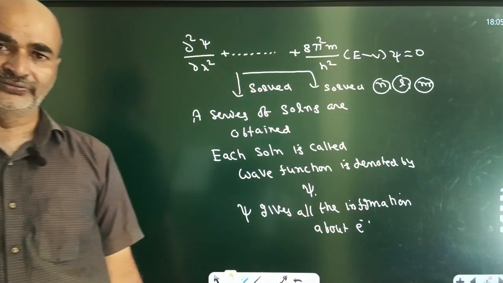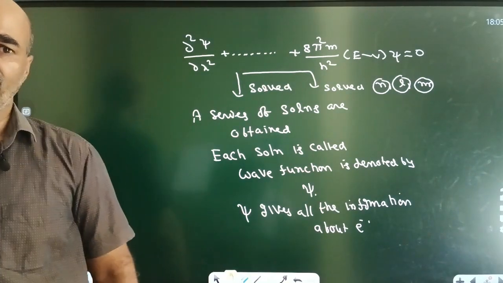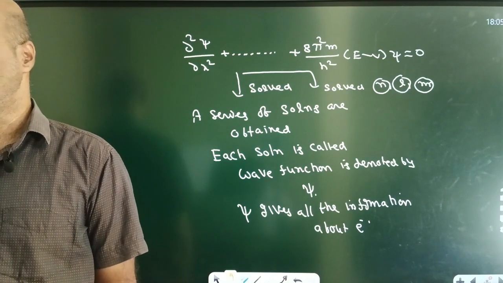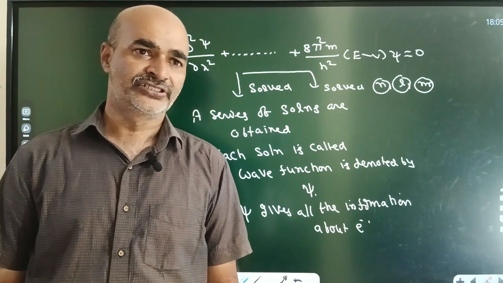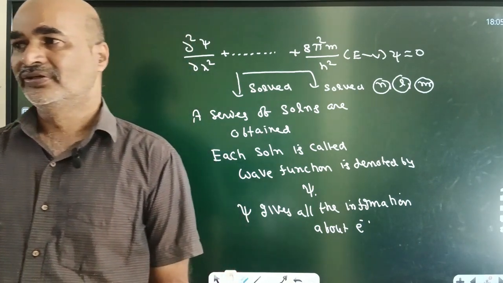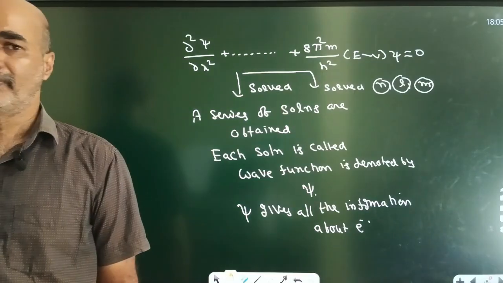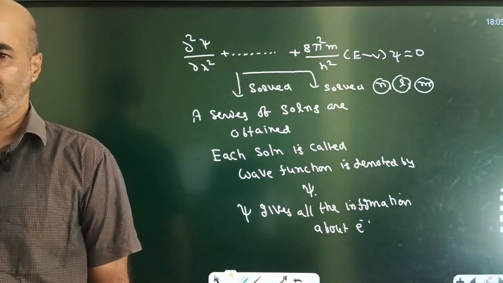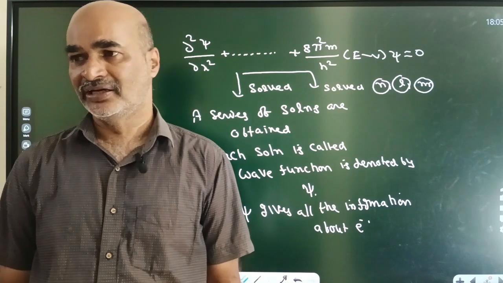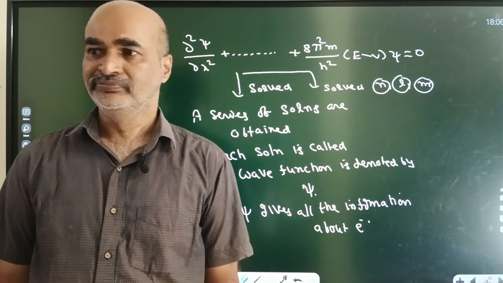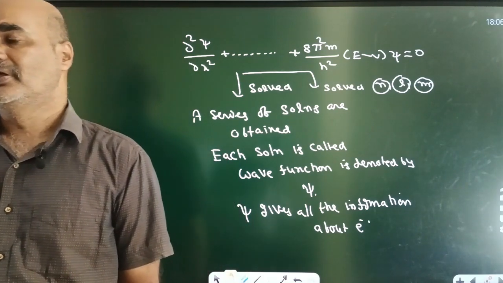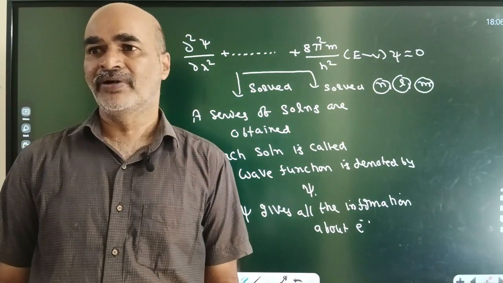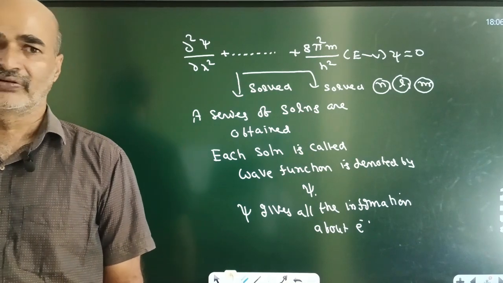According to Heisenberg, the existence of orbits is ruled out. So he introduced the word orbital instead of orbit. What is the difference between orbit and orbital? An orbit is a path in which an electron revolves around the nucleus.